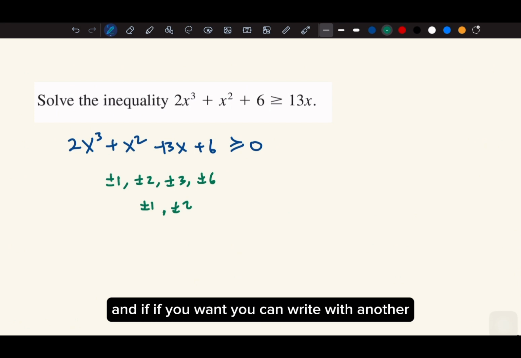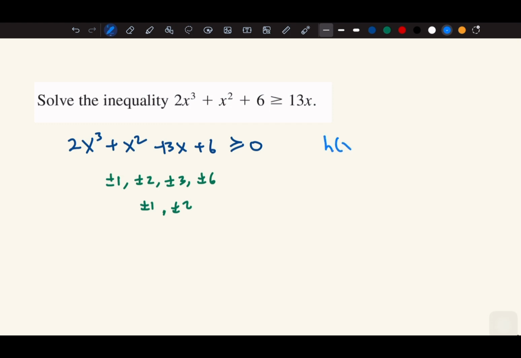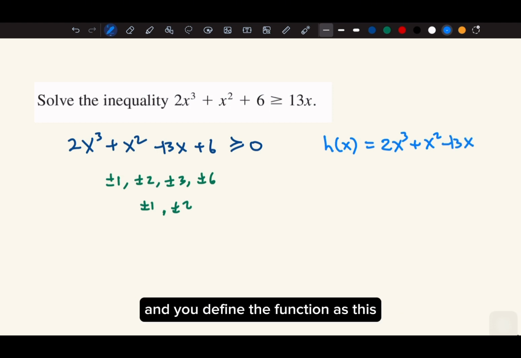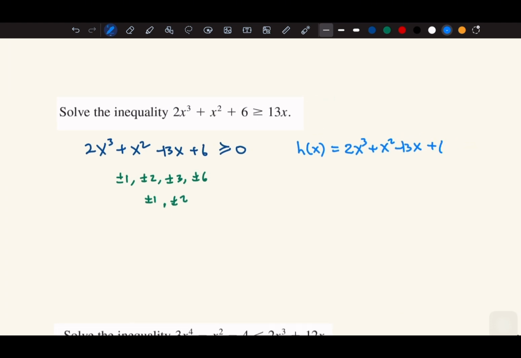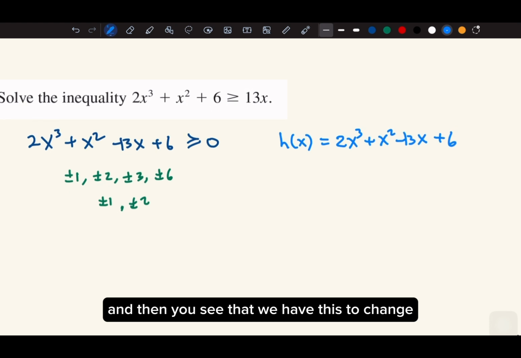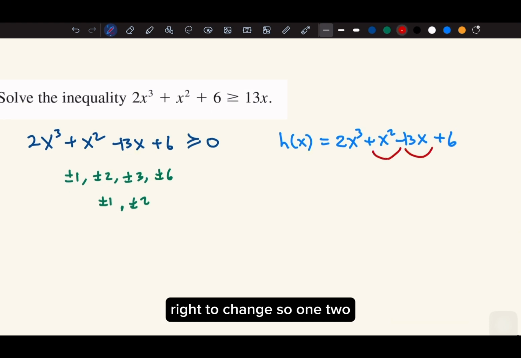And if you want, you can name your function h and define your function as this. Then you see that we have 2 sign changes, so 1, 2.